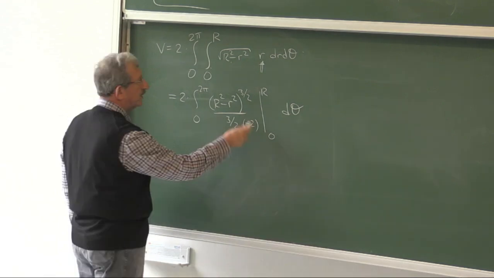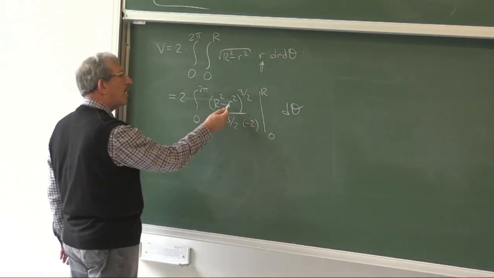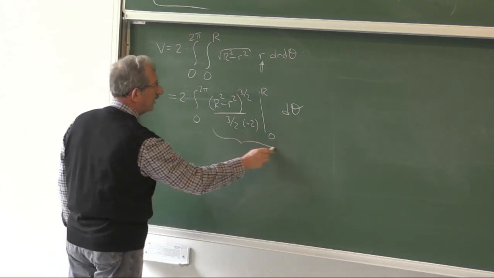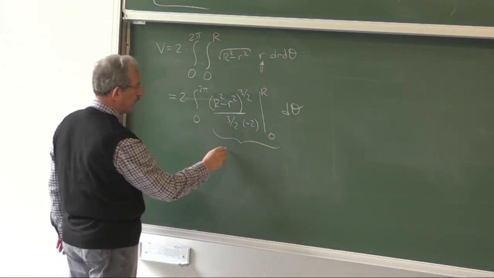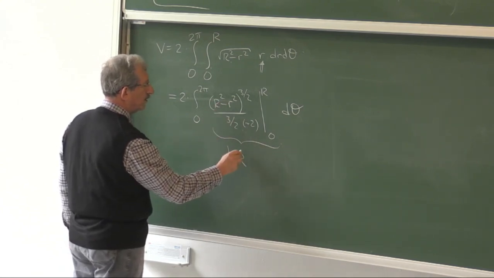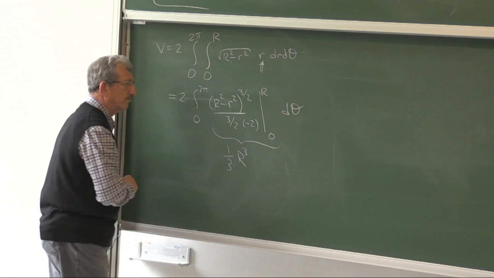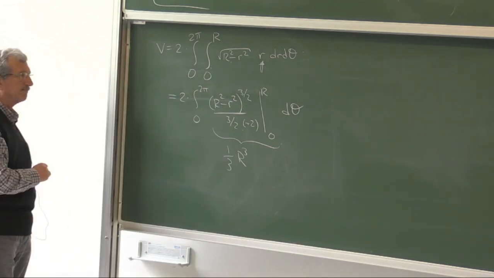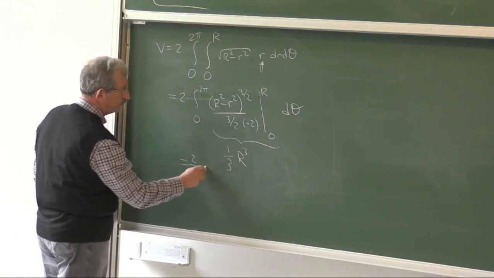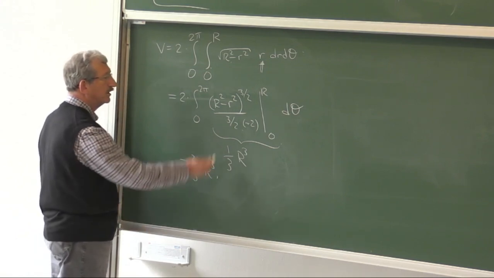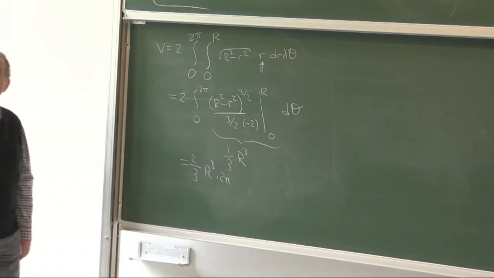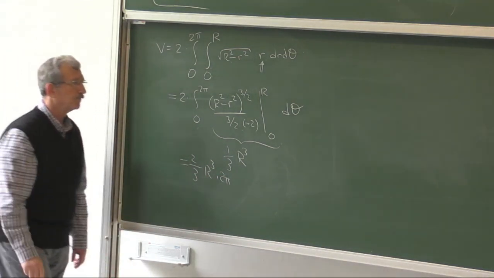Well, at r equal to R you have 0, so at 0, because of this minus, you get a plus, and you get 1 over 3, R cubed. Now what remains? You have 2/3 R cubed times the integral, which would be 2 pi, so you get the desired result in a very simple way.